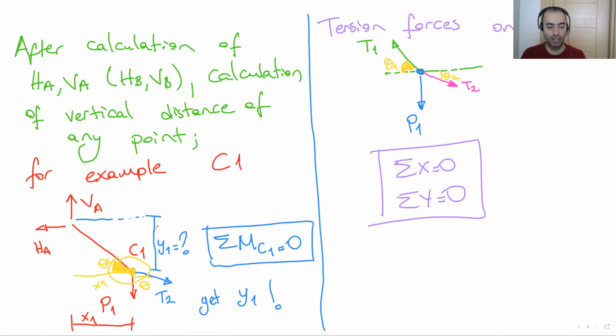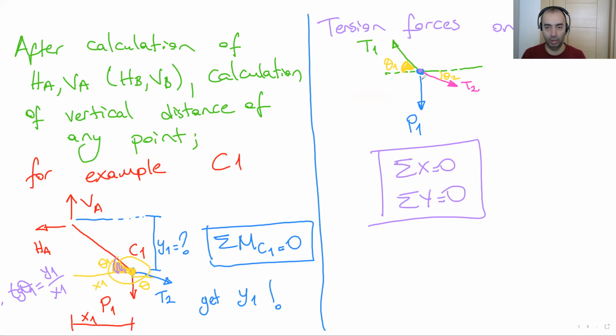After you get the vertical distance, calculate the angle. How can we calculate it? Tangent theta 1, for example for this one, equals y1 over x1. Get the angle. If you have the angle, you can write the equilibrium equation for each loading point.